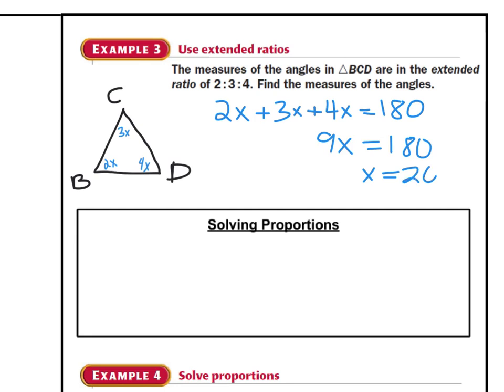You should get x to be 20, and then plug that back in. So your 3 angle measures are 40 degrees, 60 degrees, and 80 degrees. And you can check that by adding them all up. They should add to 180. They do.